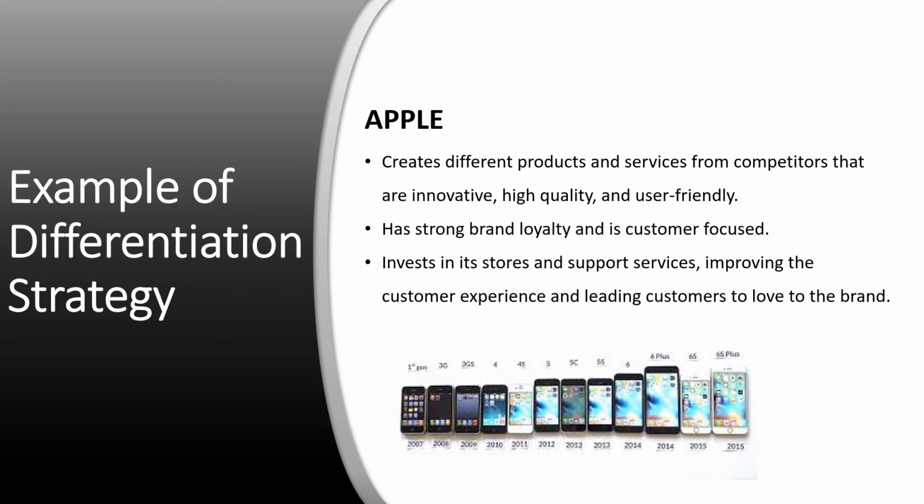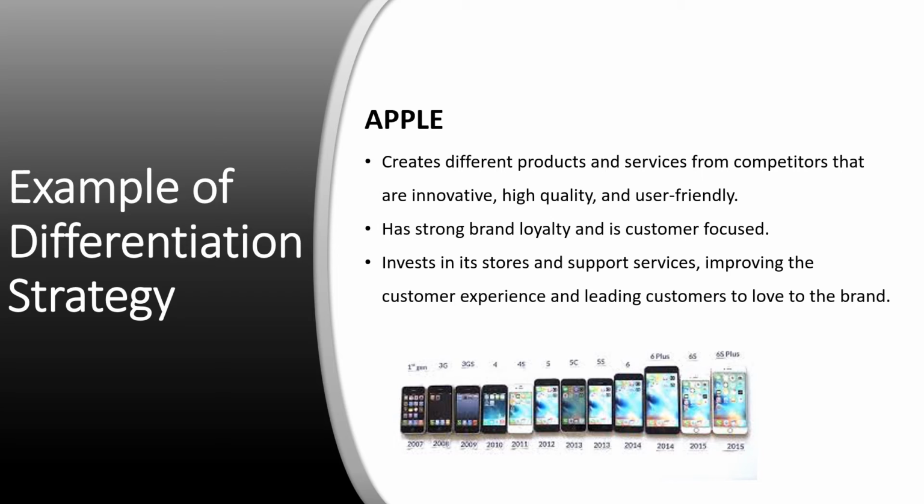If we go to the second example, differentiation strategy, this quadrant is represented by Apple, an American multinational technology company founded in 1976. It is really the most popular brand for mobile phones and is known for being customer focused because Apple is able to create products and services different from competitors.